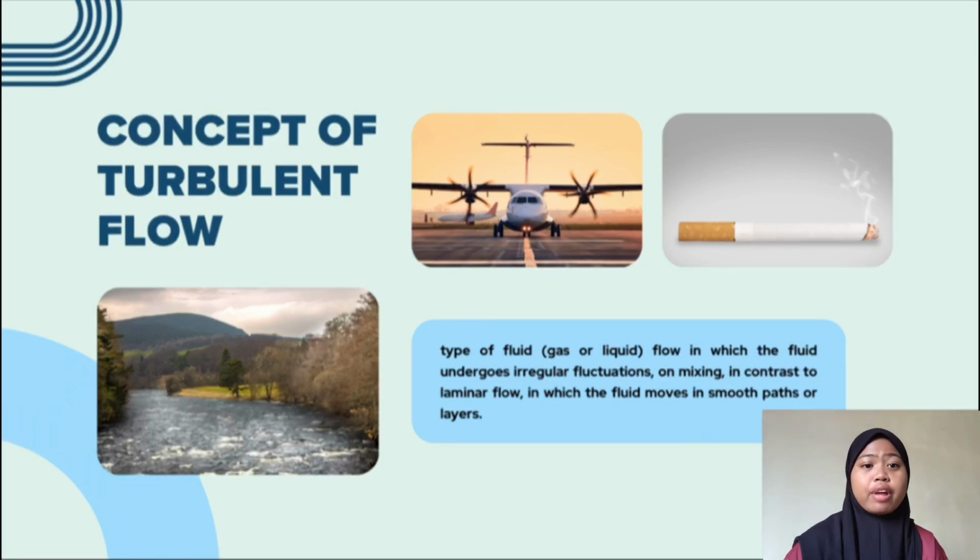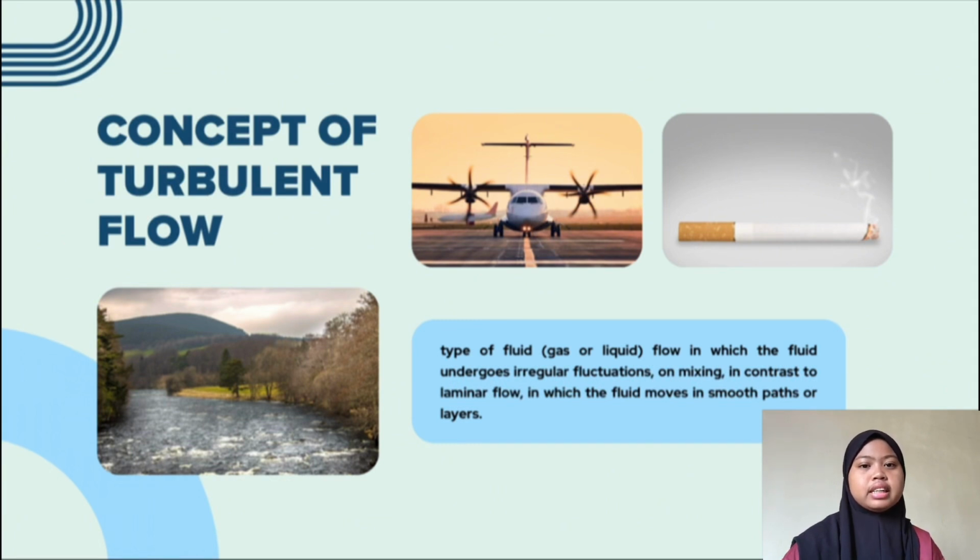For my part, I will explain the concept of turbulent flow. Turbulent flow happens when a fluid moves in a chaotic and irregular pattern. Unlike laminar flow, which is smooth and steady, turbulent flow has mixing and random motion that makes it unstable. This usually occurs at high speed and with low viscosity fluid.